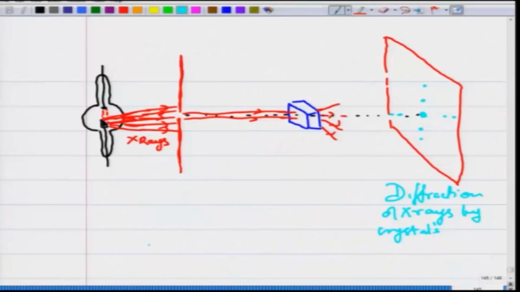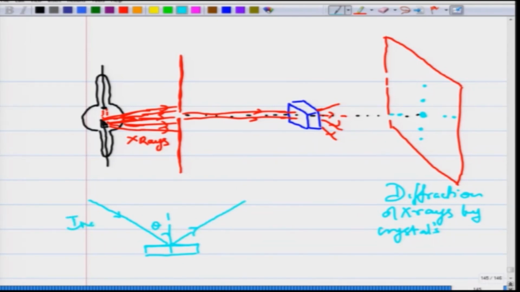However, apart from this, an equivalent thing was also seen, namely, if you take a crystal and you shine a beam of X-rays on it at some angle theta, and you look at the reflected beam of X-rays.